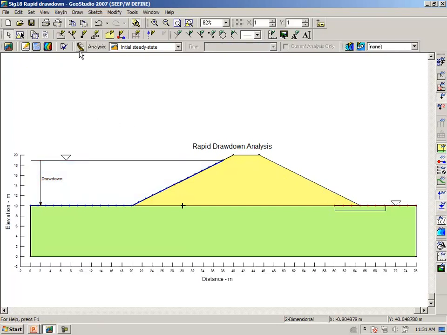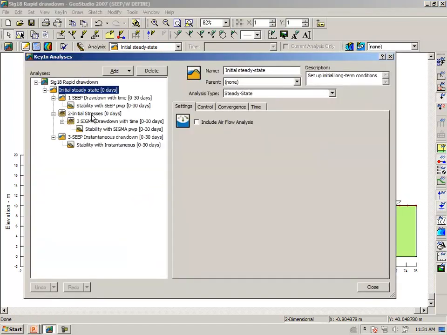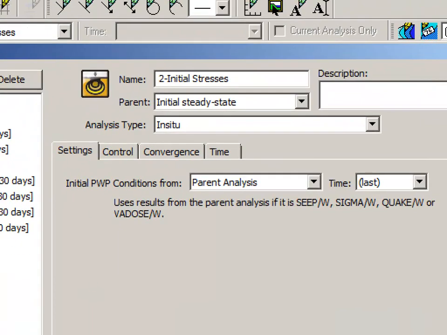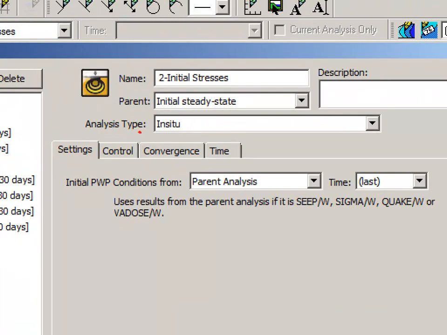Then going back to the define view under the analysis tree, the next thing we need to do is establish the state of stress in the ground when we are under full reservoir level. Once again, notice that we are doing an in situ type of analysis.